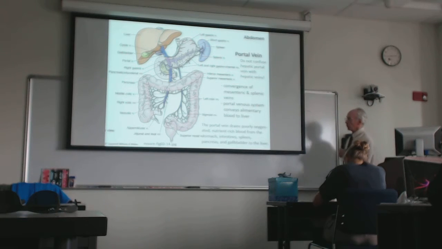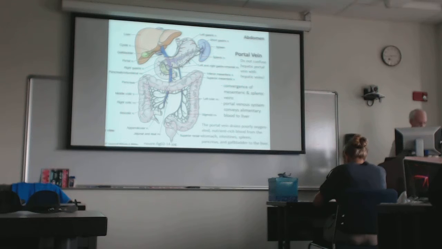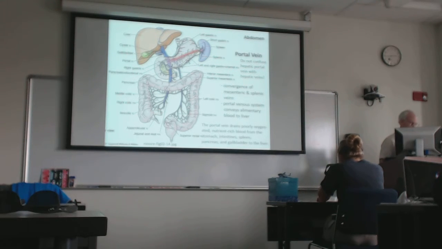Now, the return, the venous system is a little bit less straightforward. So you can see we have a large central structure here, central stalk. It has a couple of names, at least. And then there's this large structure going over to the spleen.